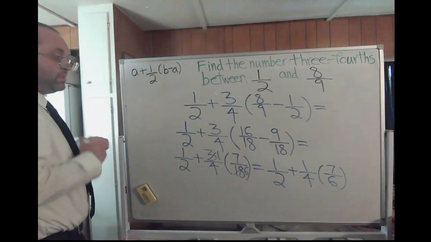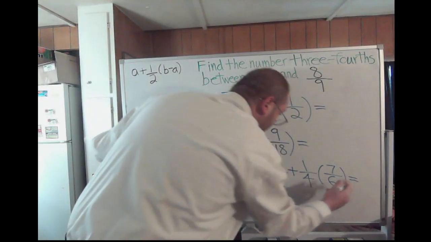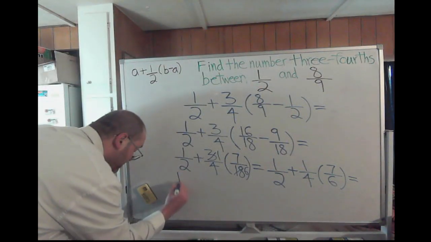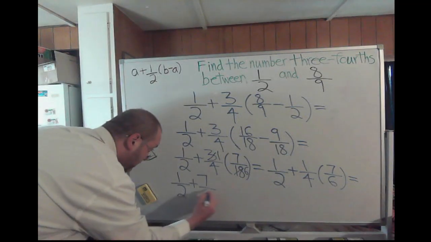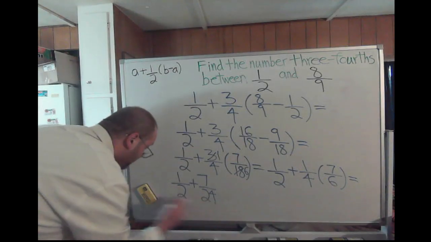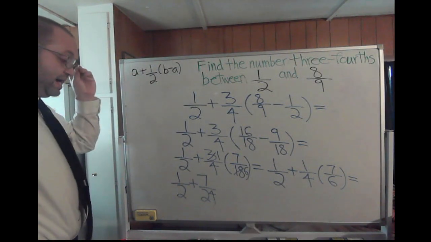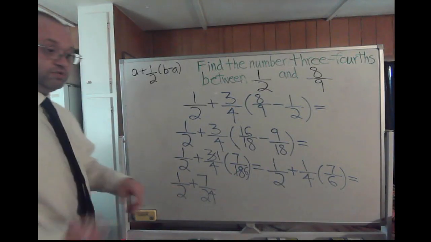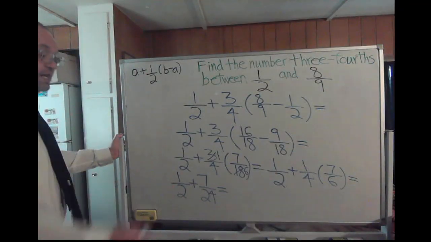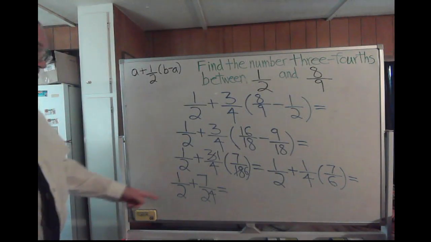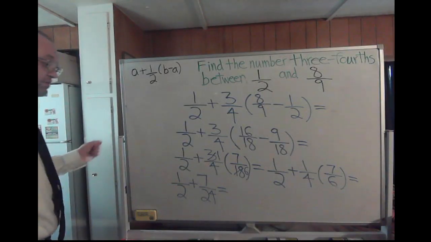Well, we can't cancel 1/4 and 7/6 any further, so all that's left to do is go for the multiplication. You'll end up getting 1/2 plus 7/24. Well, now we have to find the least common denominator between 2 and 24. That's definitely 24. So we only have to deal with multiplying the first fraction, which means you got to multiply both numerator and denominator by 12 to get that same common denominator of 24.